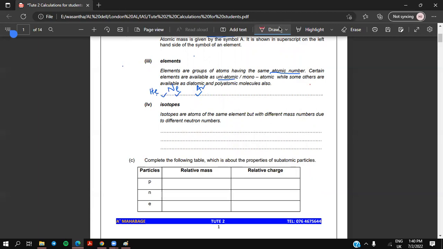I will read it again. Elements are groups of atoms having the same atomic number. Certain elements are available as uniatomic or monoatomic, while some others are available as diatomic and polyatomic molecules. For example, nitrogen.